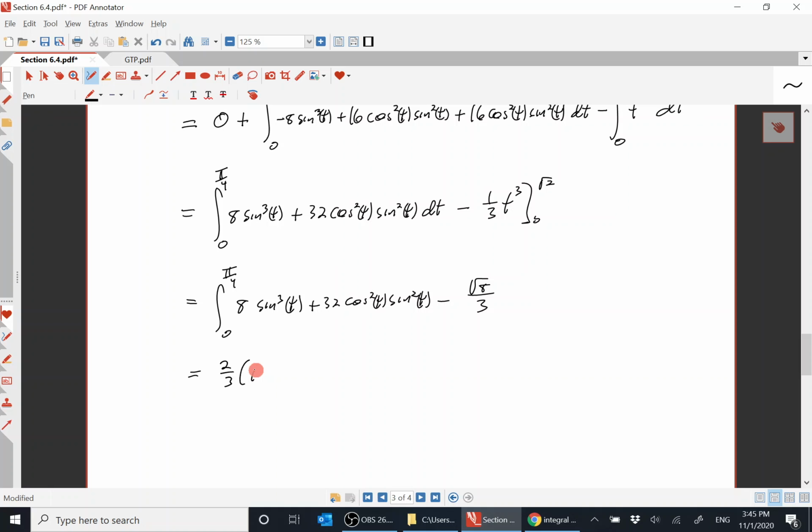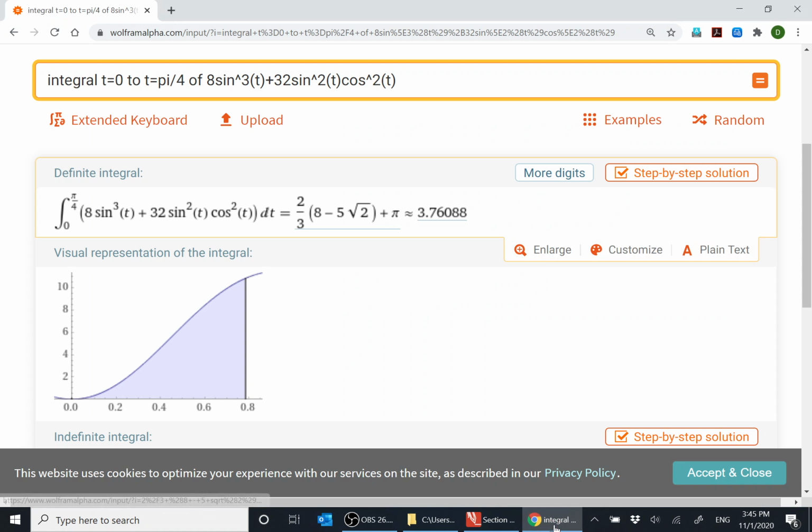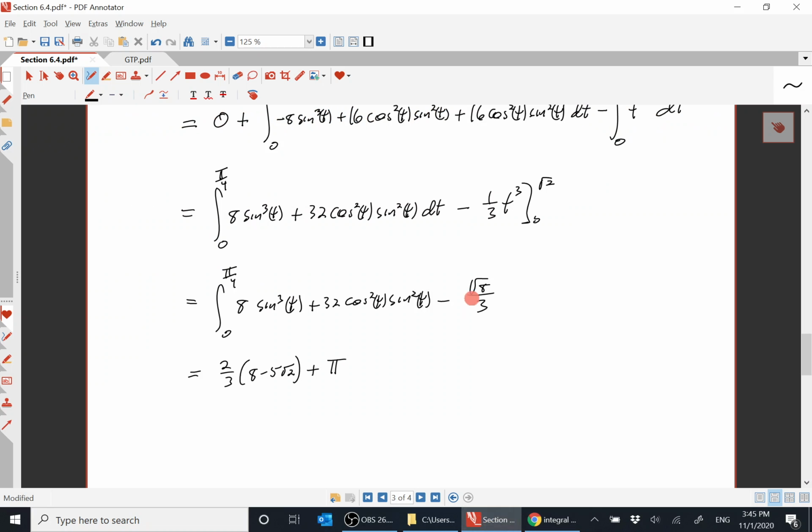So 2/3 (8 minus 5 root 2) plus pi, right? Plus pi. And then minus root 8 over 3.